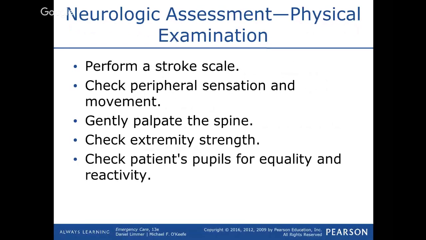Physical exams: perform a stroke scale. Here we use the Cincinnati stroke scale, and I'm going to be completely honest with you, we use a version of the Cincinnati stroke scale. I think the Cincinnati stroke scale in the book is going to be speech. Can't teach an old dog new tricks. Arm drift: close your eyes and can you hold your arms up? And smile.